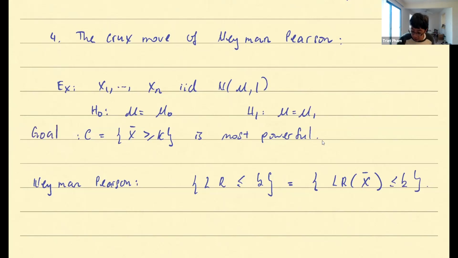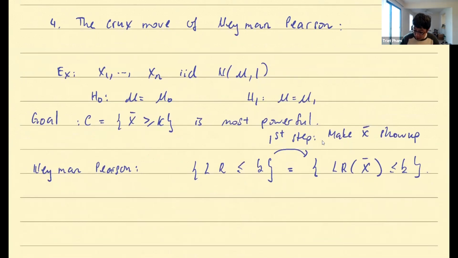And so Neyman-Pearson asks you to establish the equivalency between this and this, meaning, first of all, make the X bar show up. So first step. Because that's how the intuitive stat will show up in your likelihood ratio.